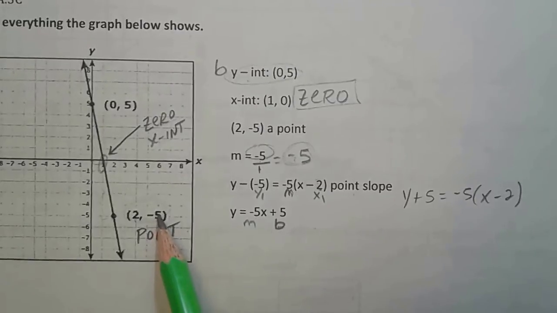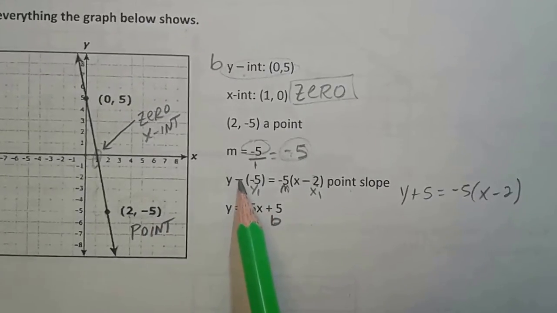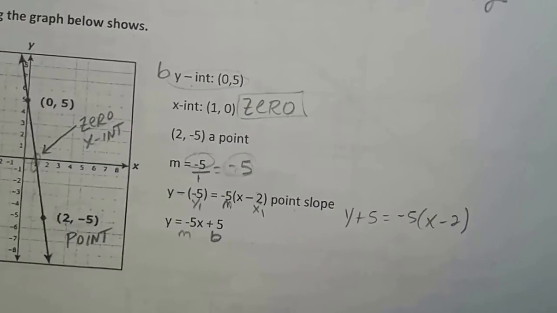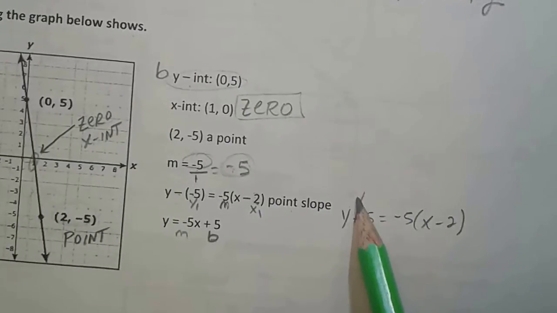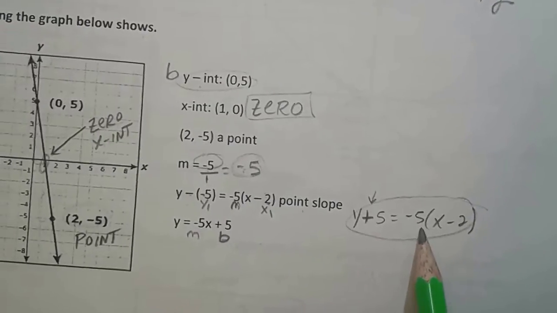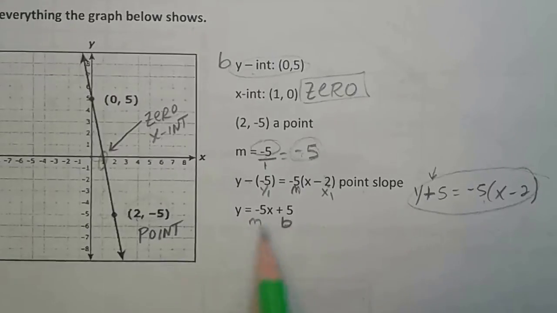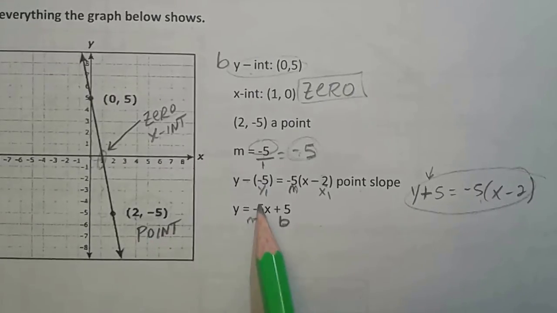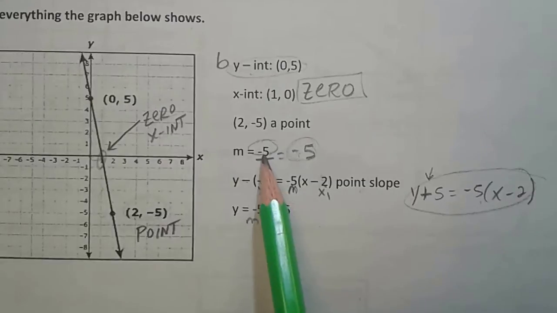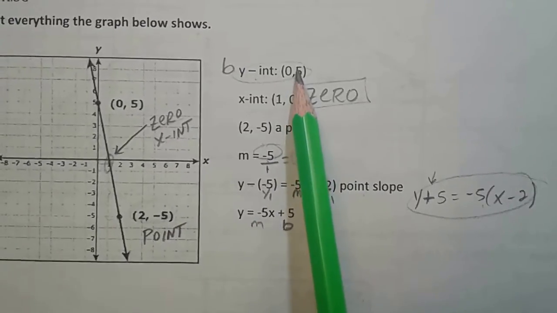But the y value is negative, and because the formula comes with a minus sign, you're going to have to change this to a plus sign. And so this would be the final point-slope form. To write an equation in slope-intercept form for this problem, just plug in m and b. So m is -5. The y-intercept is 5.